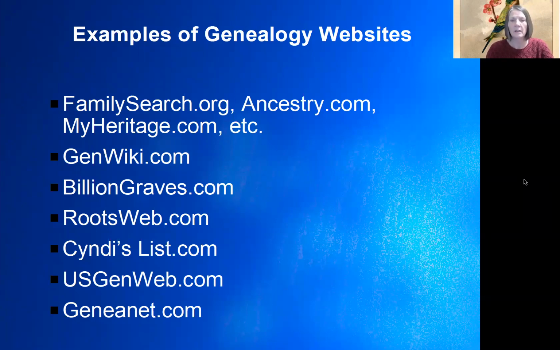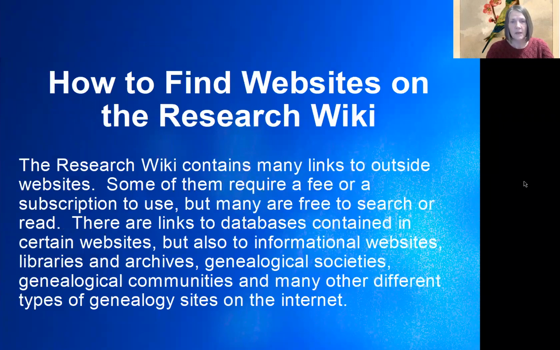And you can find a lot of these actually with their own articles on the wiki. So now, how do you find the websites that you're looking for on the Research Wiki? It contains a lot of links, so that will take you to those outside websites, but you have to be aware.